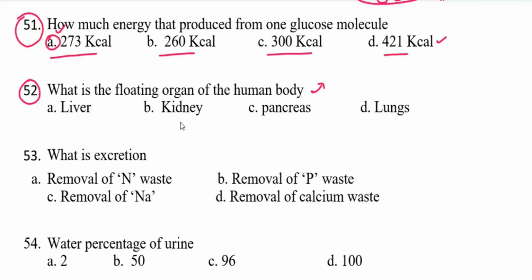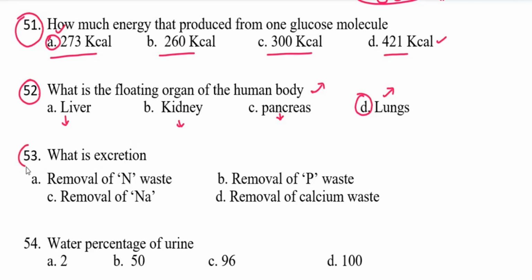So which one is that? Liver, kidney, pancreas and lungs. The answer is lungs, because the lungs are bag-like organs filled with air, so they float on the water. The pancreas, kidney and liver are not filled with air. That's why they have an intensified and concentrated mass, so they definitely dip into the water.